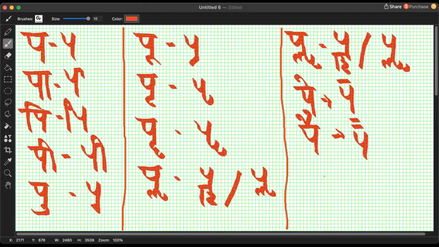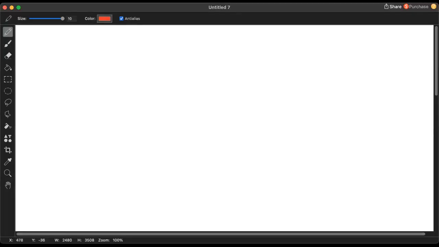Then we have po. Let's first write per. On the right side, just a small line and a tilted M, which connects to that. This is po. Then we have pau.